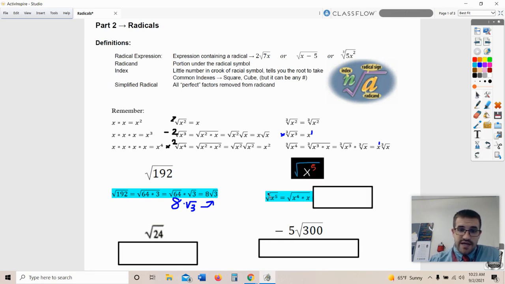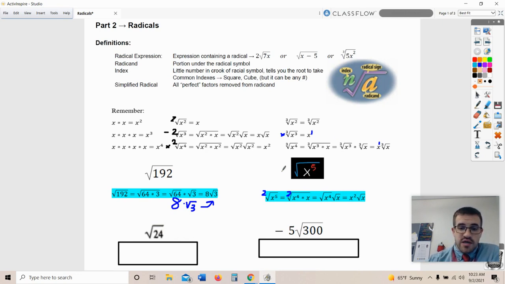Notice since we have an index of 2, we're trying to pick an even exponent here, because we know that 2 divides into 4 2 times. So because of that, we now have the square root of x to the 4th times the square root of x, leaving us with x squared times the square root of x.